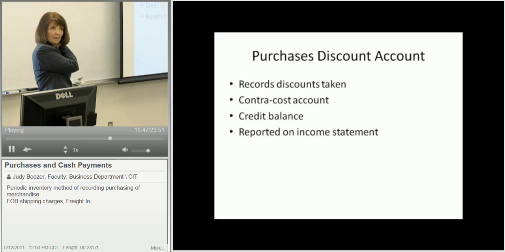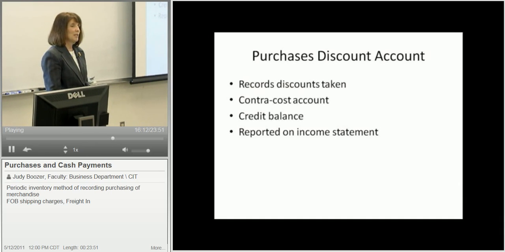Now, just like we sometimes allow discounts to our customers, vendors will do the same. It's called purchases discount. It is again a contra cost account, therefore it has a credit balance, and it is also reported on the income statement.